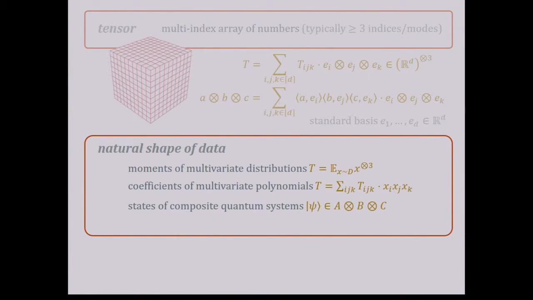So in that sense, tensors are pervasive data structures, and the final evidence for that claim is the fact that if you look at the new deep learning software libraries, their very basic data structure is tensors.